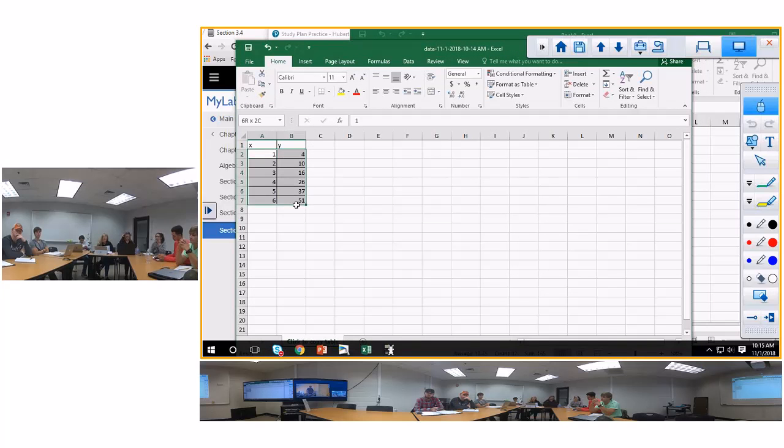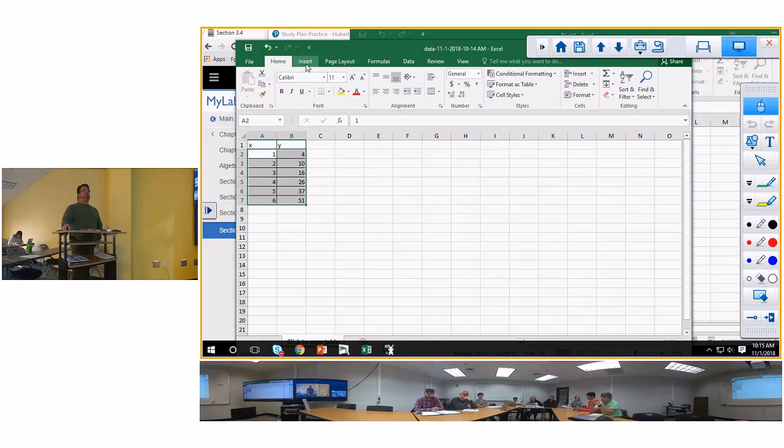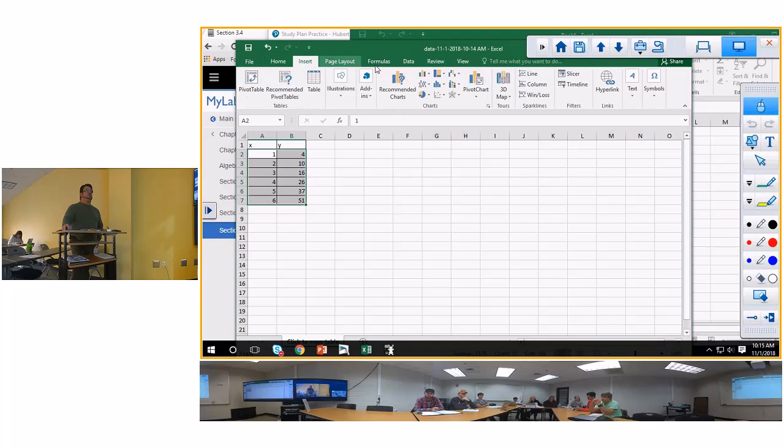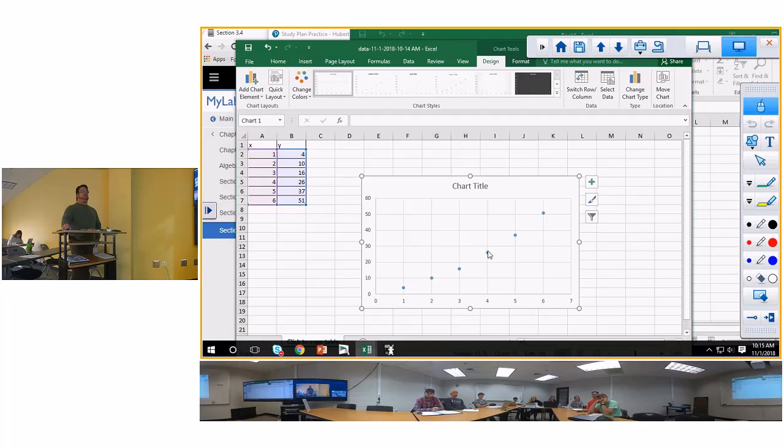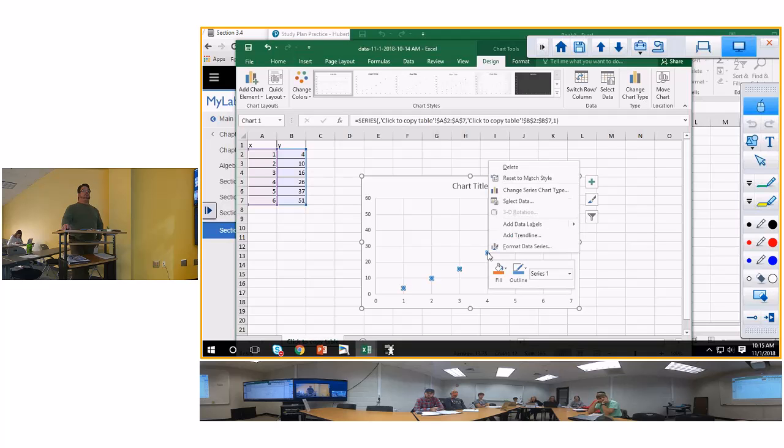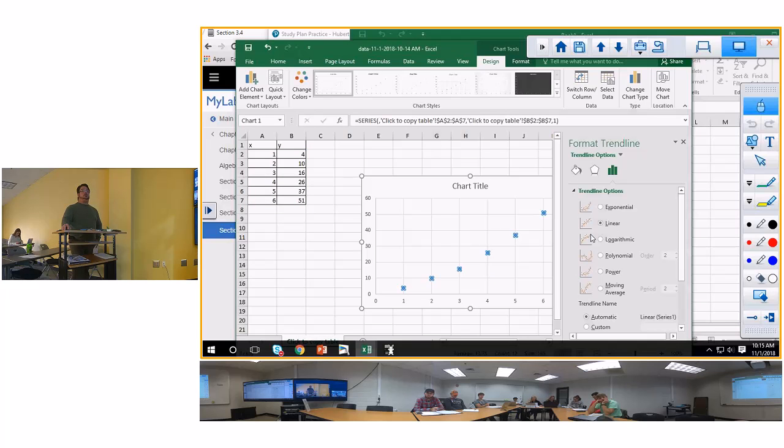Highlight your data, insert. I go with that. Now they said check for a power, so I'm going to go to add trend line. I'm going to use a power and look at it. So everybody sit there and look at it for a minute.